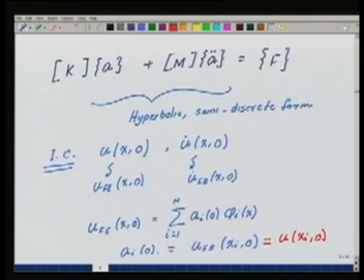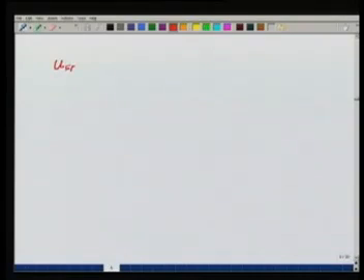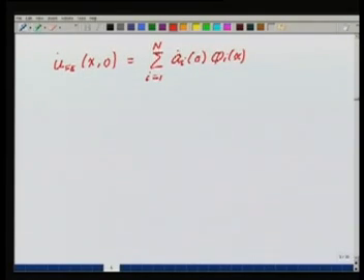So essentially we will say that the initial solution is obtained by interpolating the given initial displacement using the finite element basis functions. Similarly, you will get u_FE dot at x and 0 is sigma i equal to 1 to n a_i dot(0) phi_i(x).